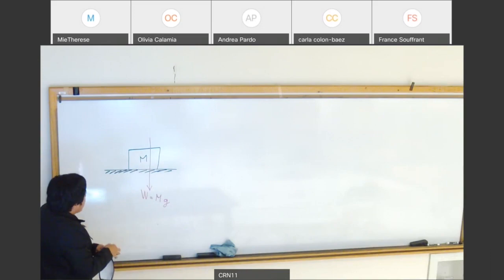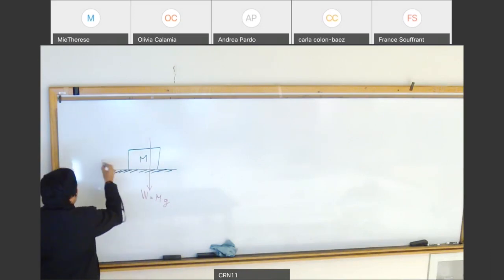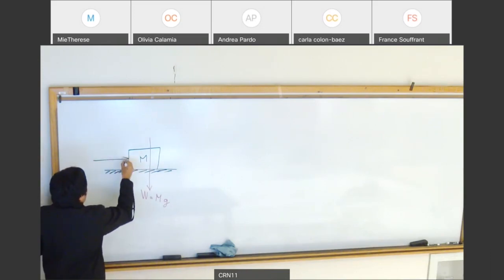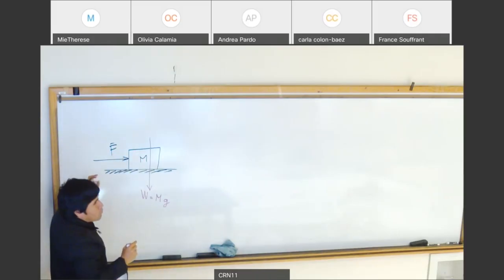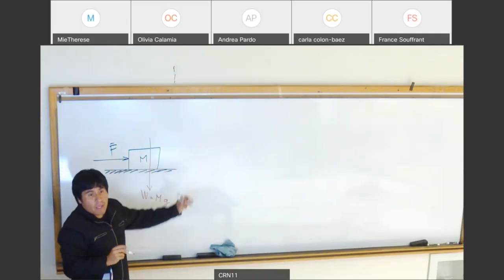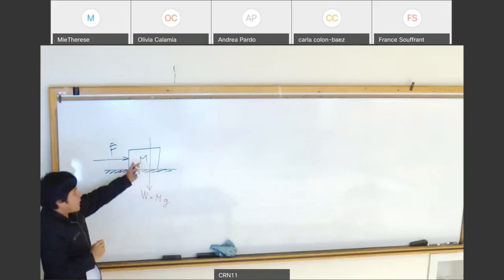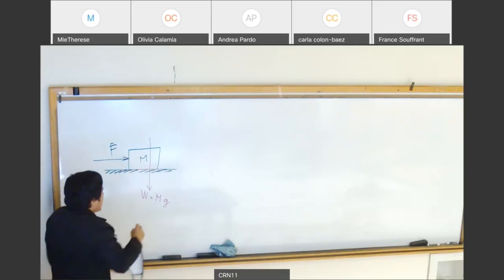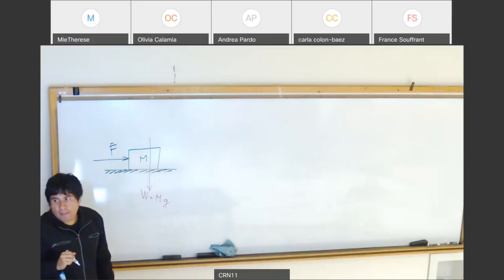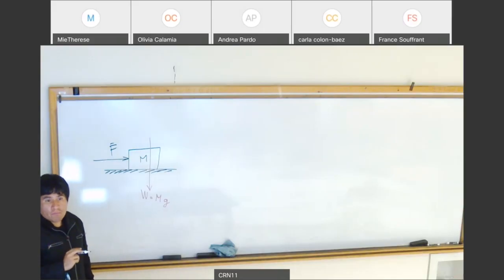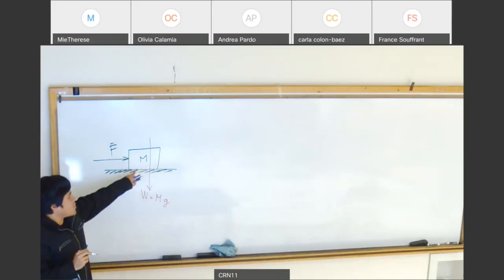when you apply a force, we know that the object will move. However, in some cases, depending how massive the object is, and depending on the surface, the object may not move because there is a friction here.